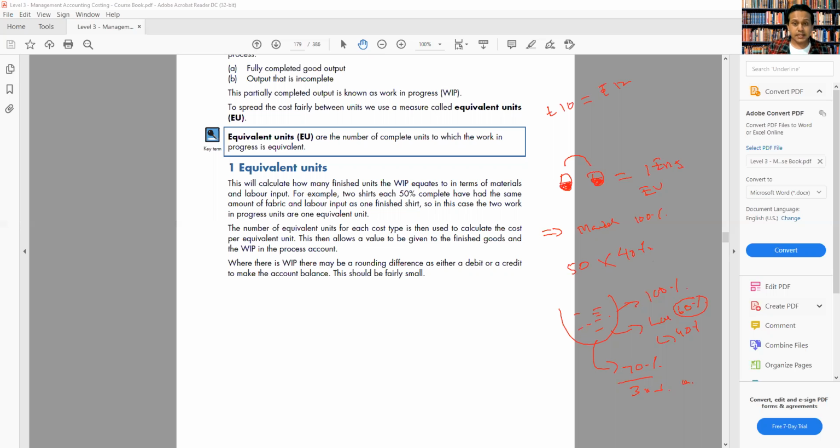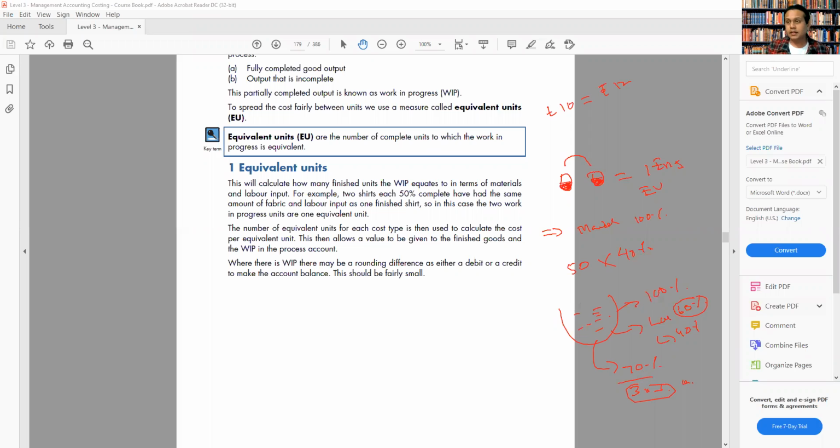Because 60% is already completed, we don't multiply by it. We need to know the remaining percentage, so we need to know the work in progress. Whatever is completed is fully completed. We don't need any material anymore. So we look for the difference. Let's say for the overhead, we multiply by 30%, not the 70.